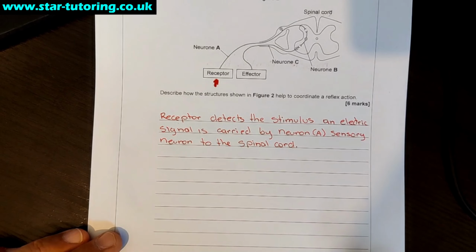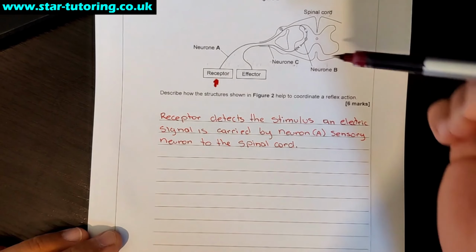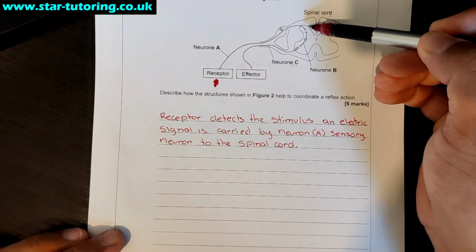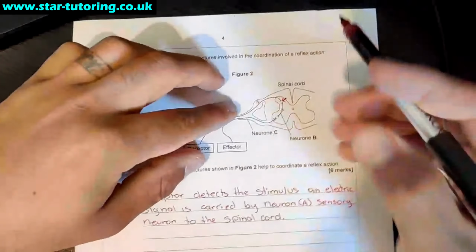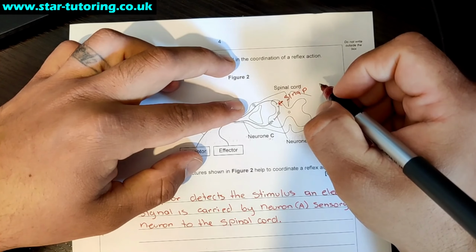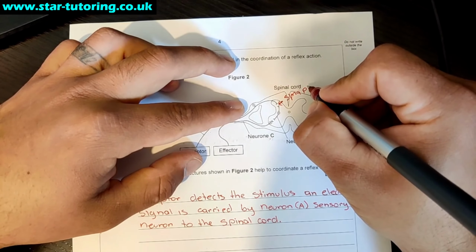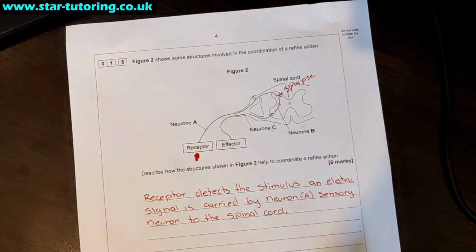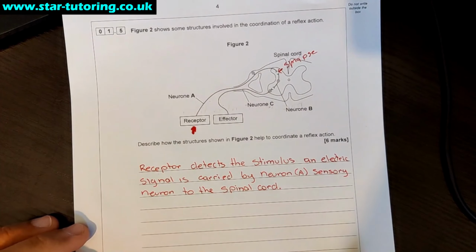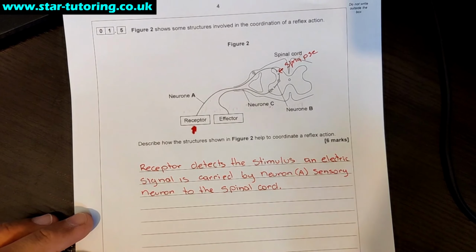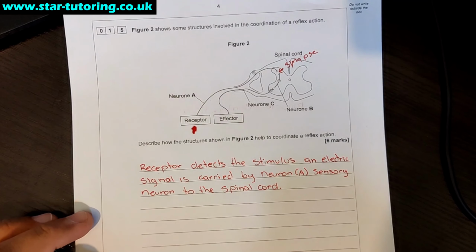Now, okay, so now once the signal has reached the spinal cord, these sections here are called synapses. Right? The synapses will turn the electrical impulses into chemical signals that will go into neuron B, and neuron B is called the relay neuron.